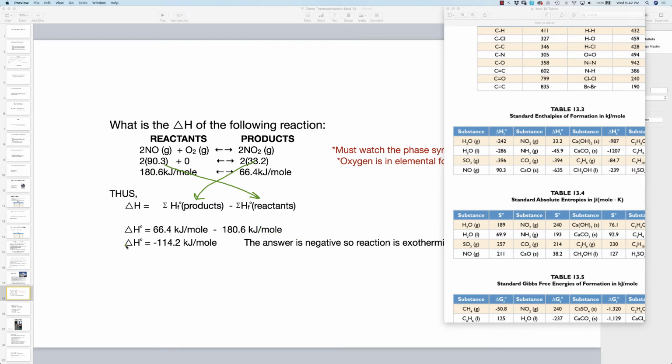We do the math, subtract, and that gives us the enthalpy is equal to negative 114.2 kilojoules per mole. And what does that tell us? Well, look, there's our negative sign. So as far as the equation goes, this would go on the product side over here, and it is exothermic.